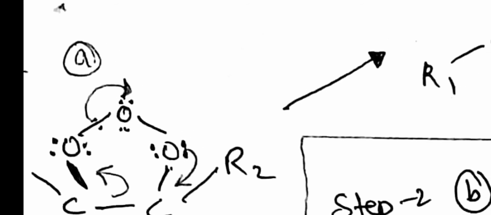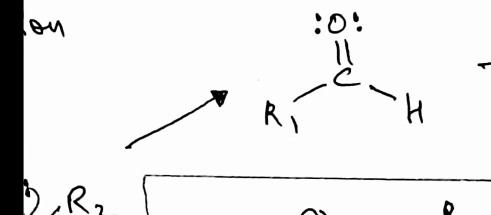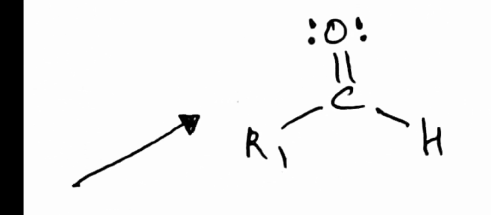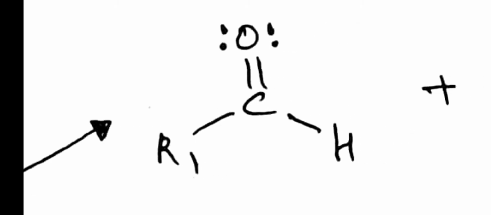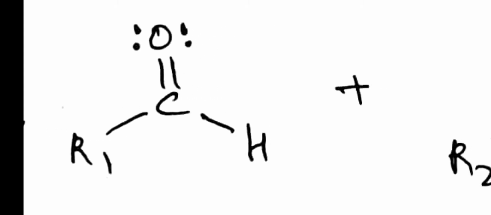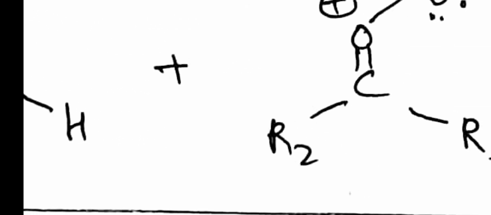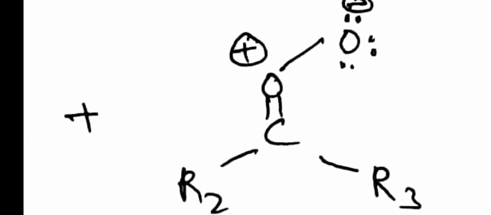After this mechanism, you get R1C double bond O, so you get an aldehyde, plus you get some ketonic species.